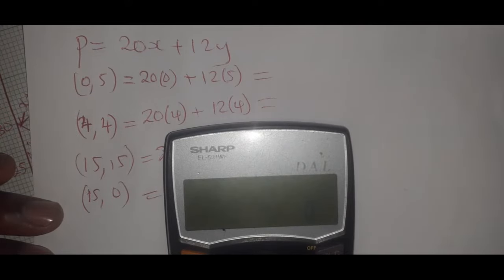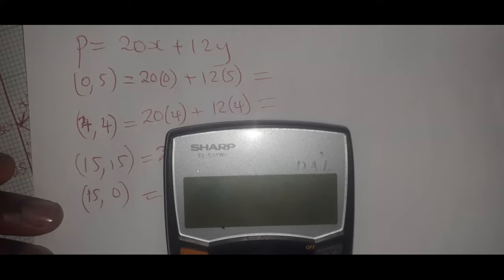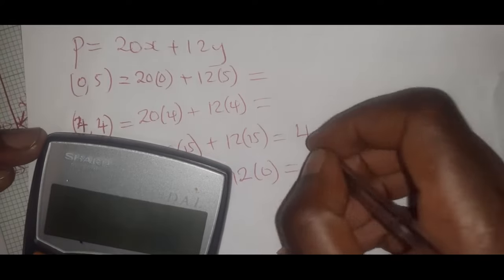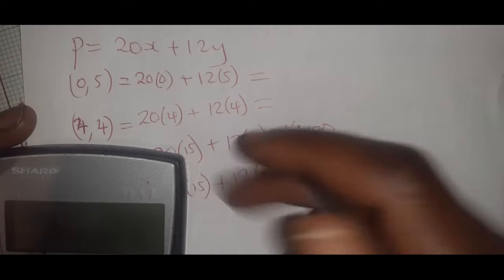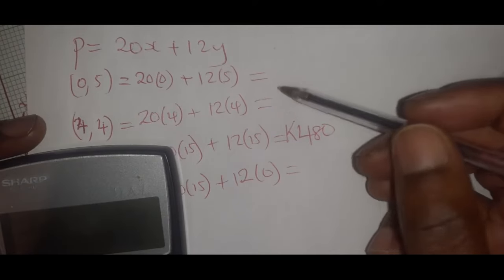So we have 20 multiplied by 15 plus 12 multiplied by 15. What are we going to get? This is going to give us 480. That is kwacha. Now, you can work out this one and this one.